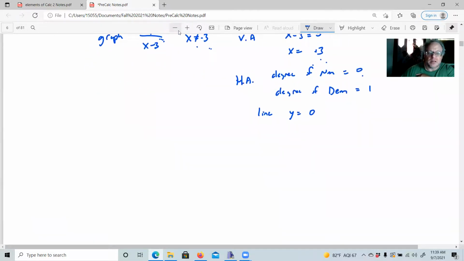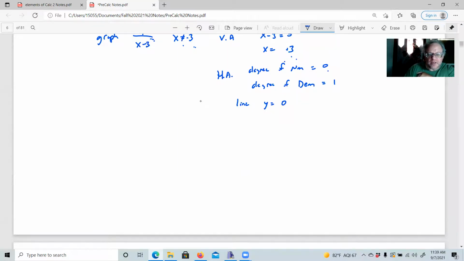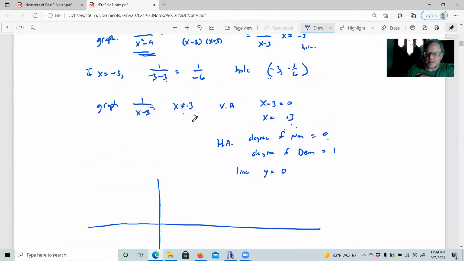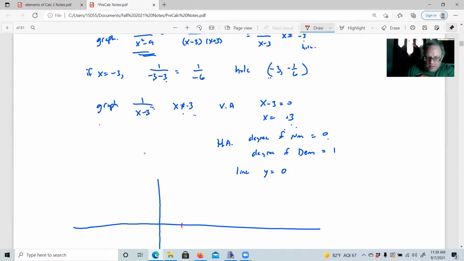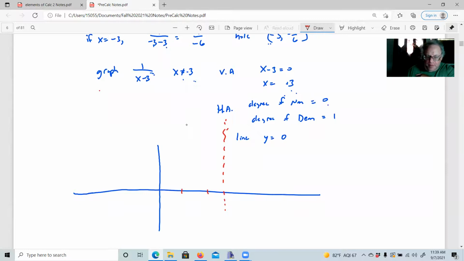Let's do this. So what do we have? We have when x was equal to 3, right? Asymptote. Then these are straight. What about at -3?